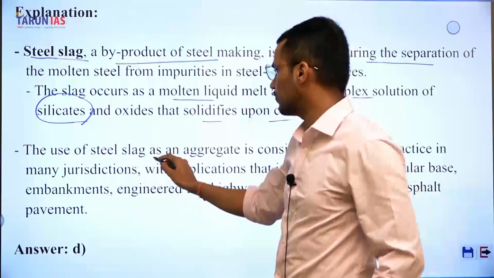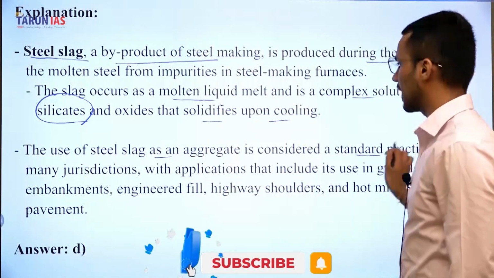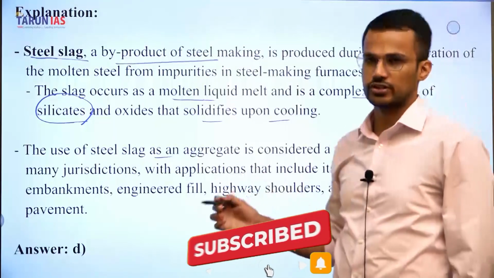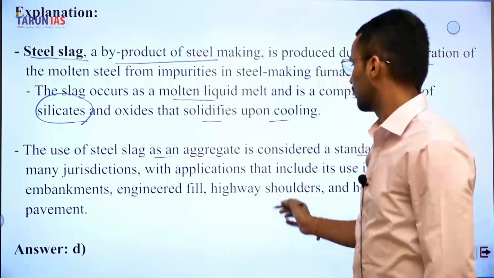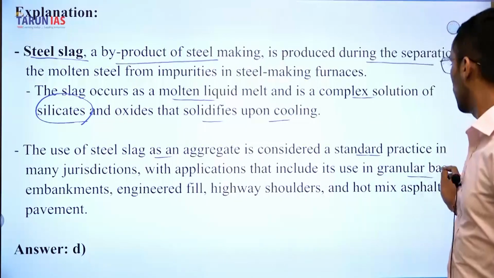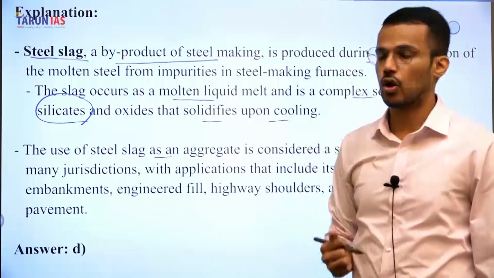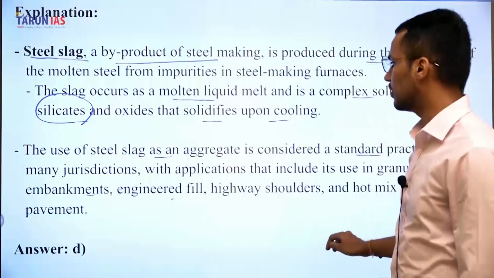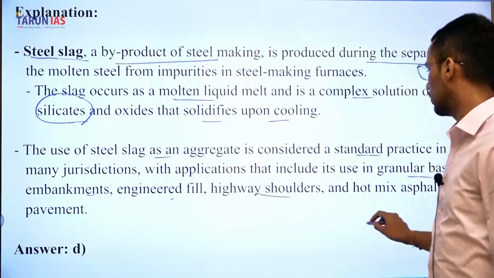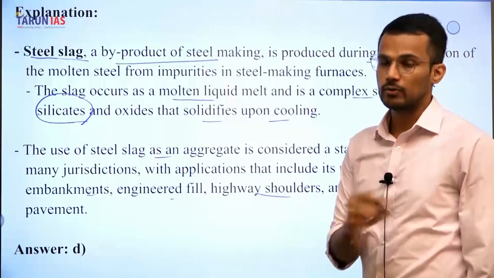Next, the use of steel slag as an aggregate is considered a standard practice in many jurisdictions. So it can be used as an aggregate for granular base in the construction of roads. Next, embankments, engineered fill, highway shoulders and hot mix asphalt pavements.